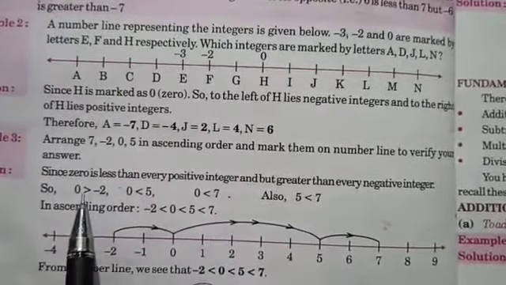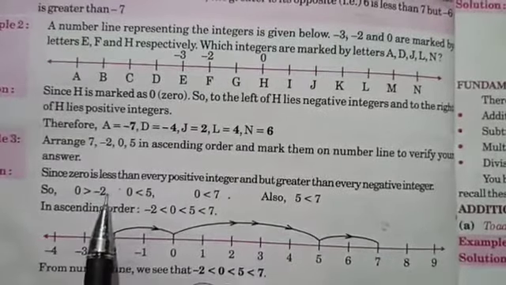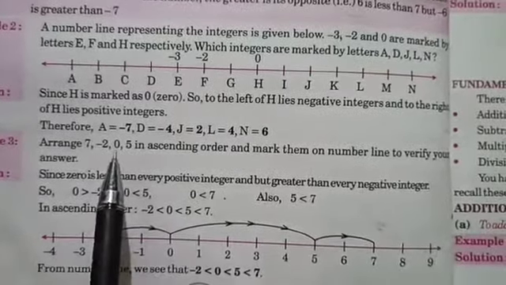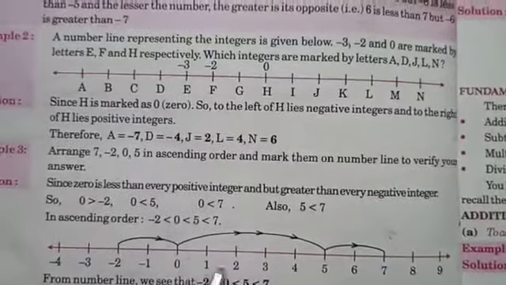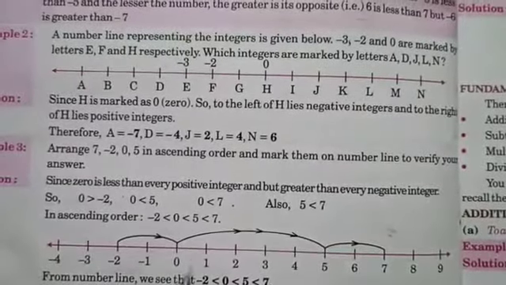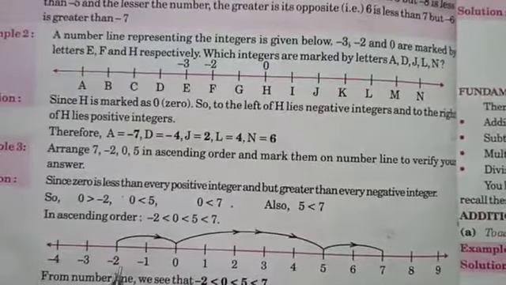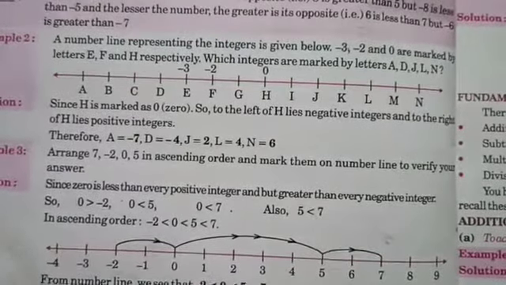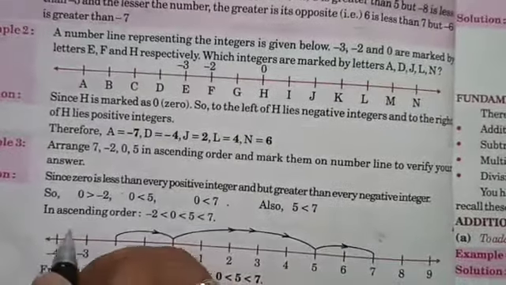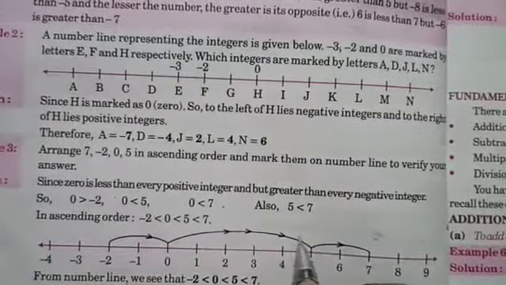So 0 is greater than -2. We all know 0 is greater than -2. Here it comes smaller, here it comes greater.